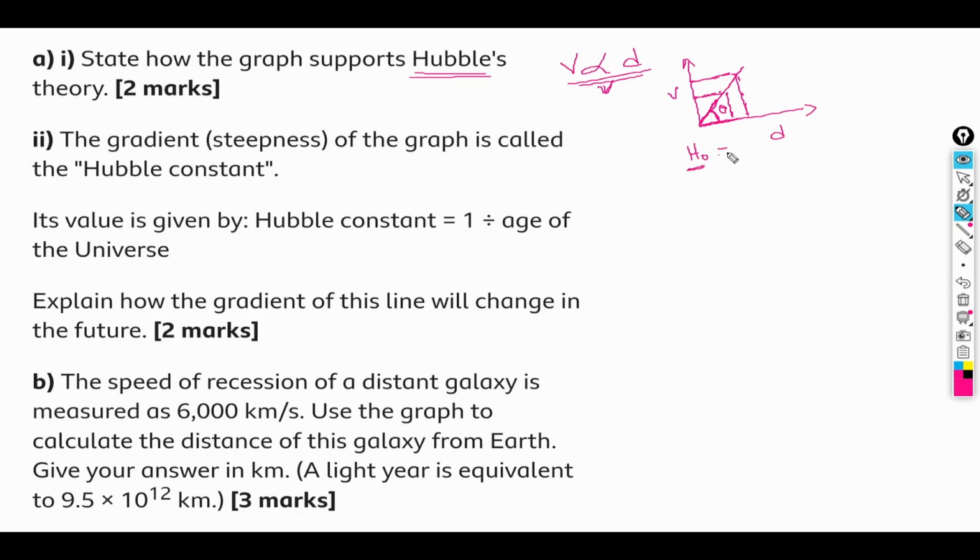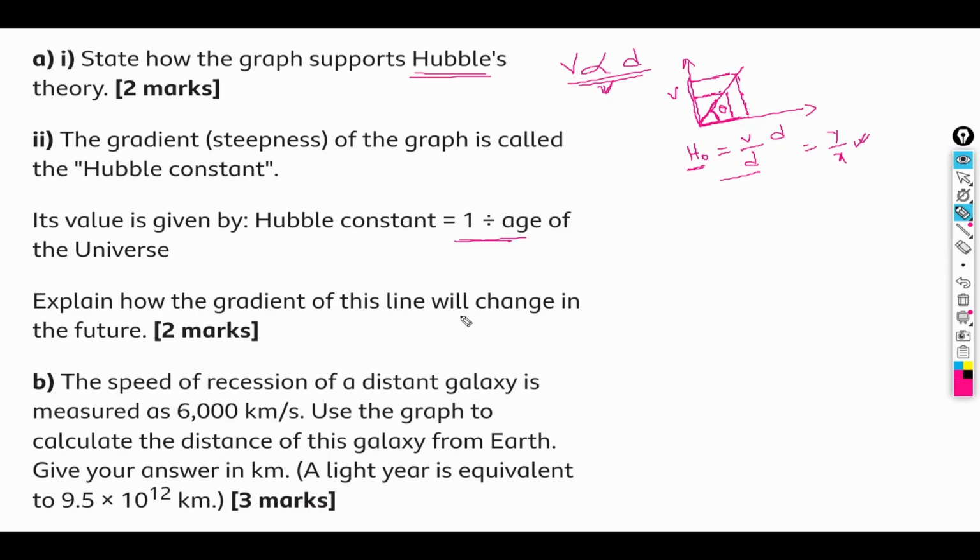We have seen this H naught in the previous slide, that it is v upon d. So y-axis upon x-axis, y upon x, will give you the slope or gradient. The question is, the gradient of the graph is called Hubble's constant, and its value is 1 upon the age of the universe, as we have seen.